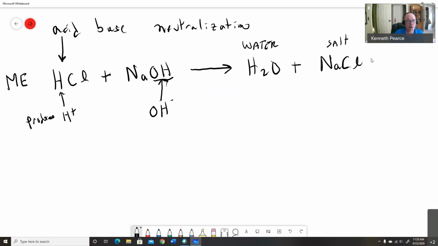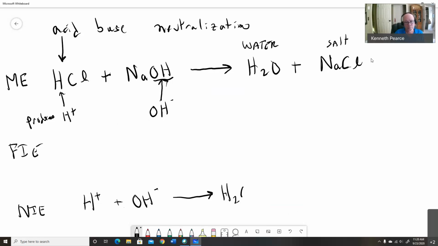You have to realize that the net, we're going to jump straight over to the net before we do full ionic. The net ionic reaction for any acid-base reaction is H plus OH minus gives you molecular water. This is for all acid-base reactions.